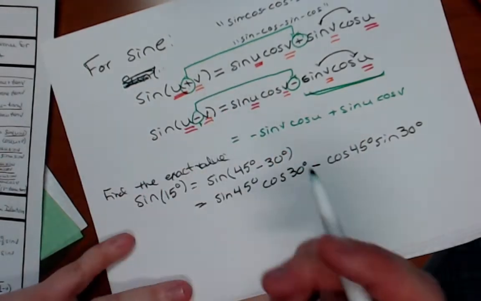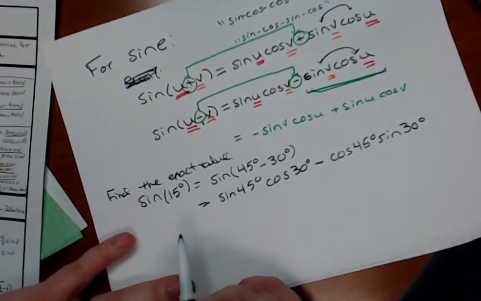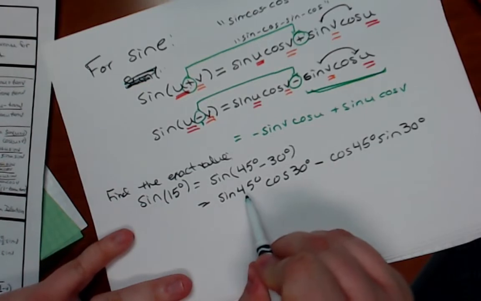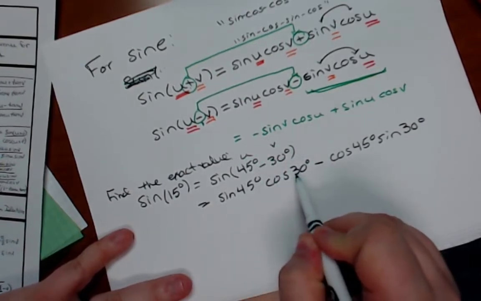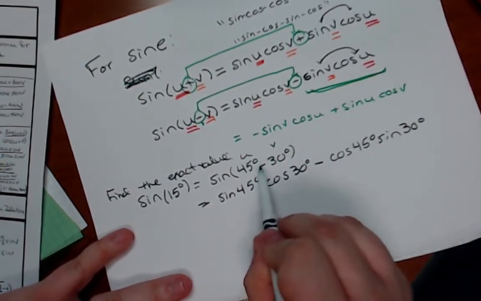So if I were to rewrite these again, and I won't for sake of simplicity, I would write it as sine u cos v, right? U and v. Sine u cos v minus cos u sine v.